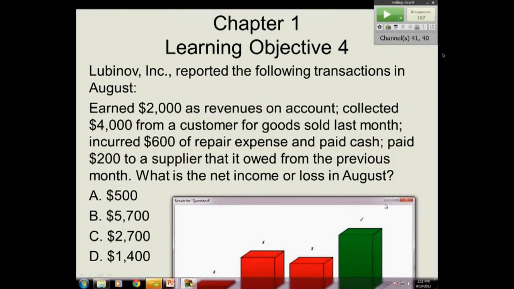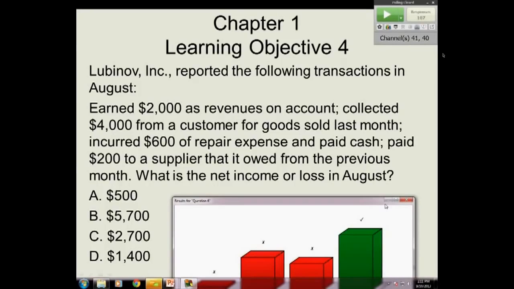Hold it down. Here's the important point, for those of you that didn't get it right. Let's read this carefully. They got $2,000 in revenues on account. They collected $4,000 from something they sold last month. I just told you a few minutes ago that if you worked last week, that's your revenue on account. If you get paid this week, it's not revenue this week, it's earned last week.